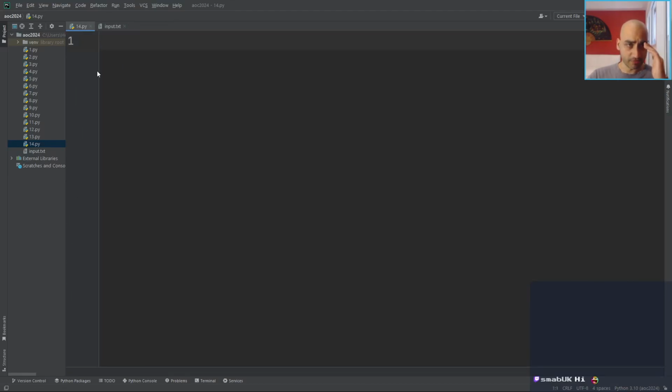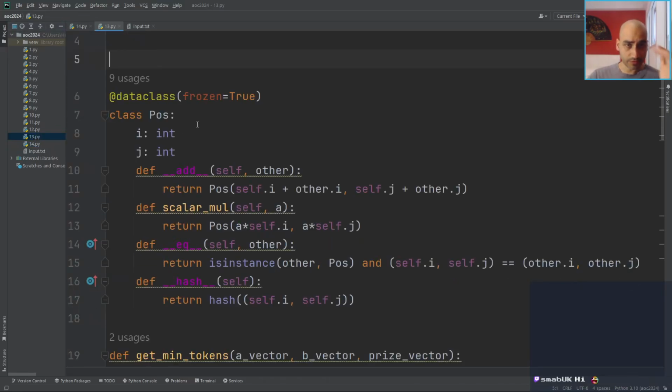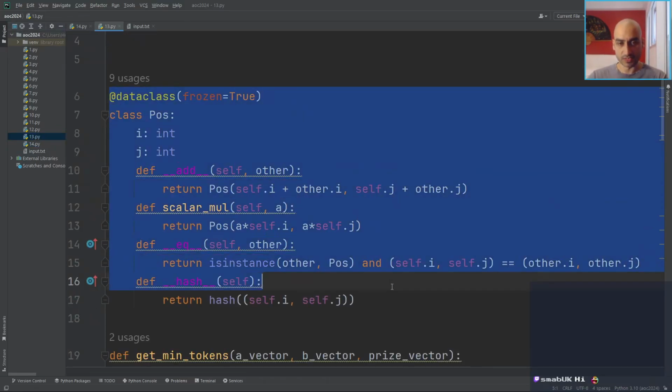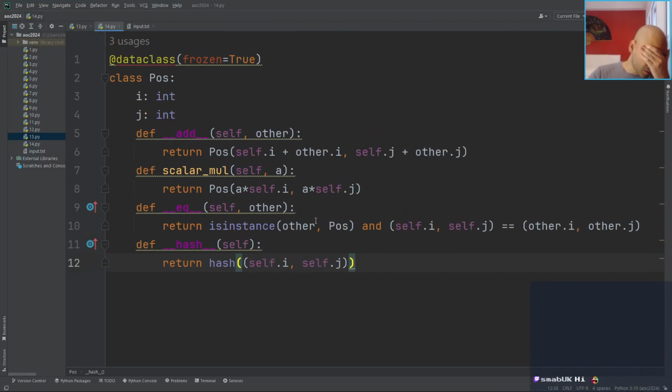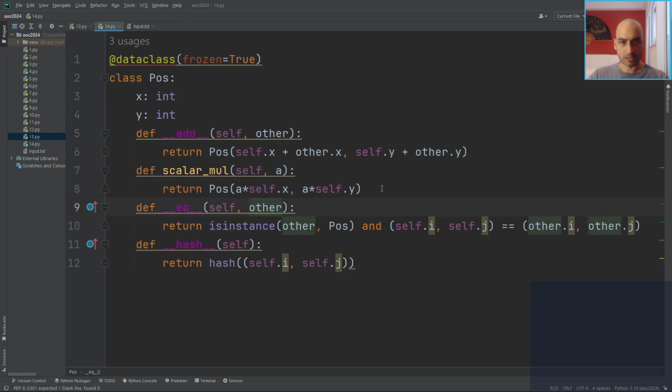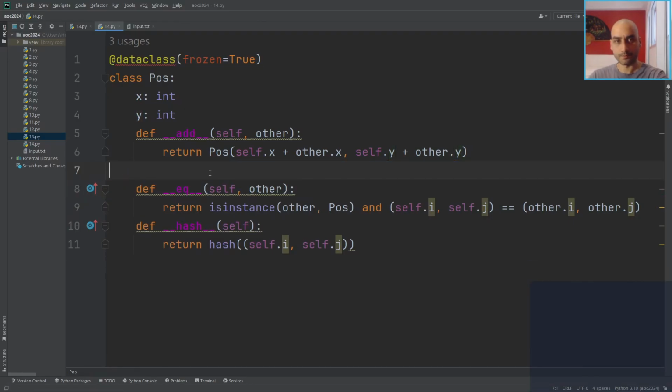Okay, so things I want to copy forward from before. Let's copy the Pos class. I've been using this a lot, so that's good. For this problem, let's change it to X and Y just to be consistent with what they are using. Scalar mul, I don't think we need that.